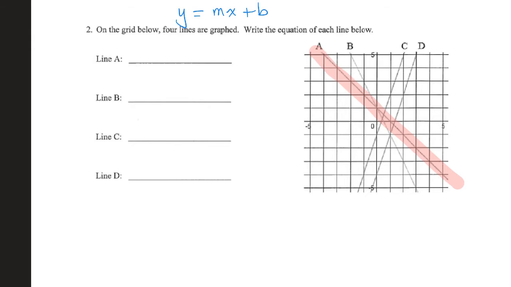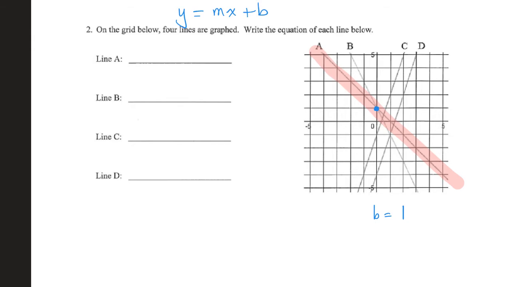Okay, can I come up with the y-intercept for that line? The y-intercept is probably the easiest thing to find because we just need to see where that line hits the y-axis. And we identify that point right there. Okay, what's the y value at that point? It's 1. Nice.